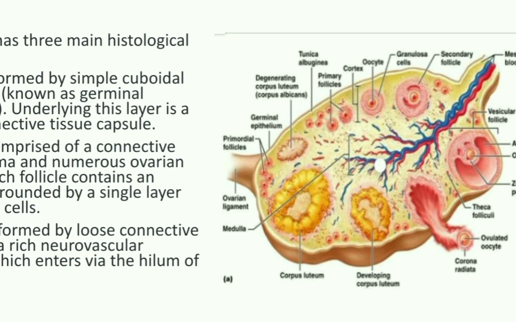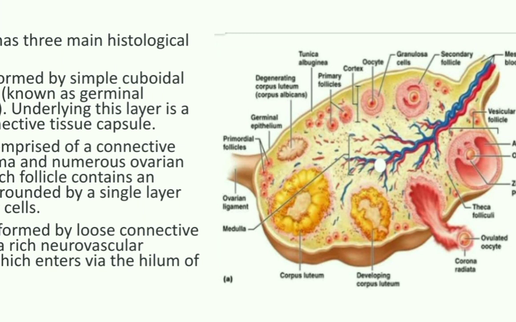And the anterior border, as I told you, is attached to the broad ligament, but the posterior border of the ovary is free and is related to the ampullary part of the fallopian tube.